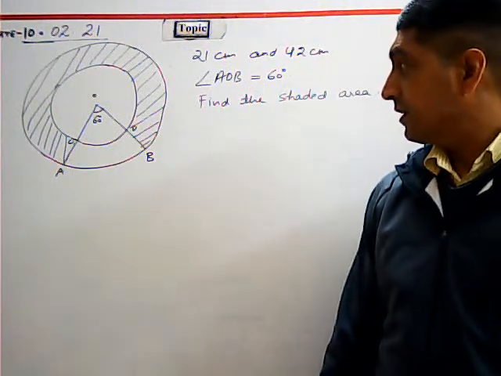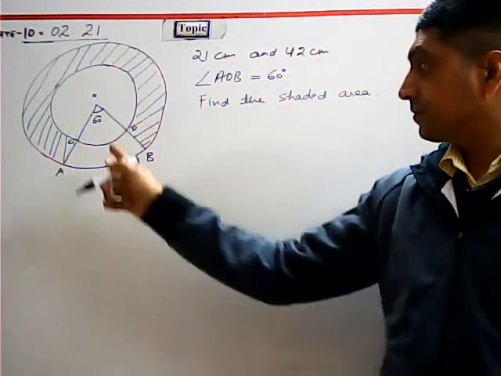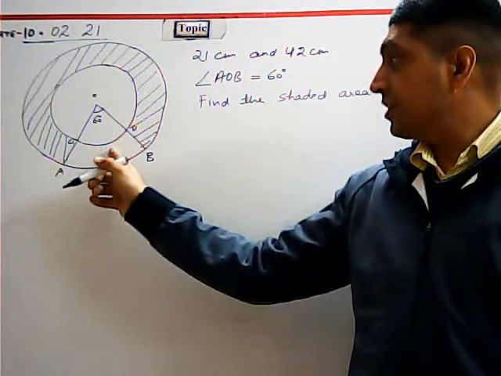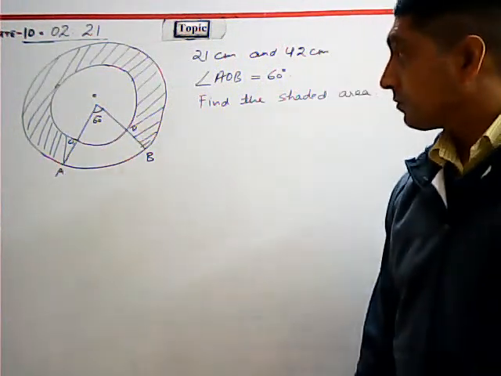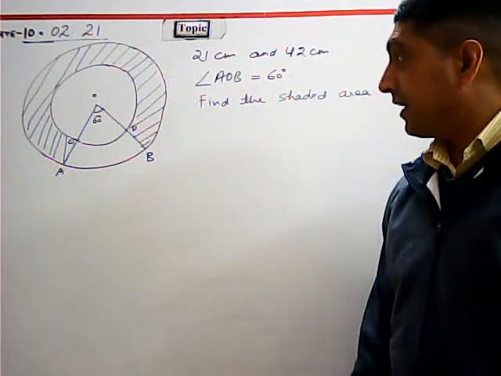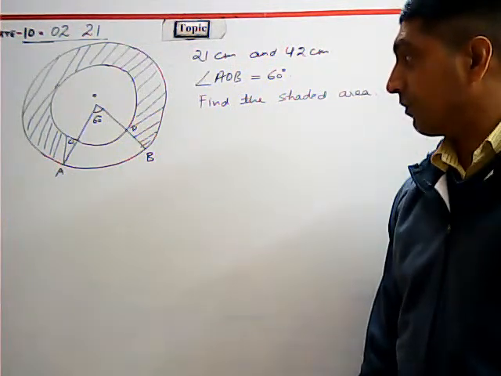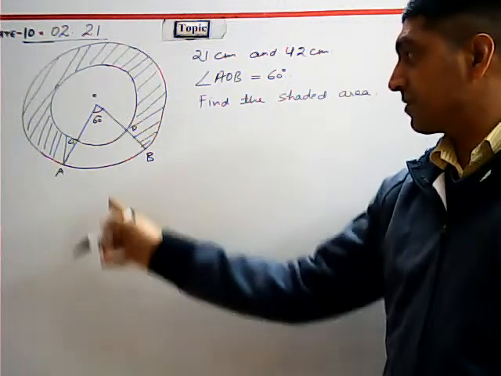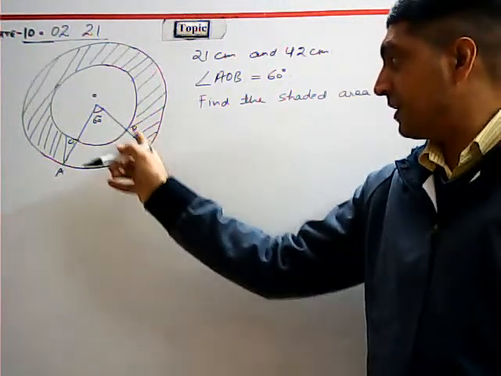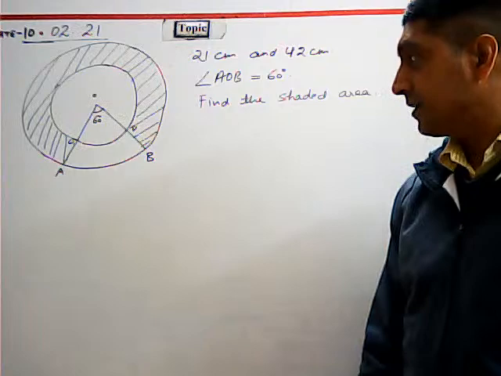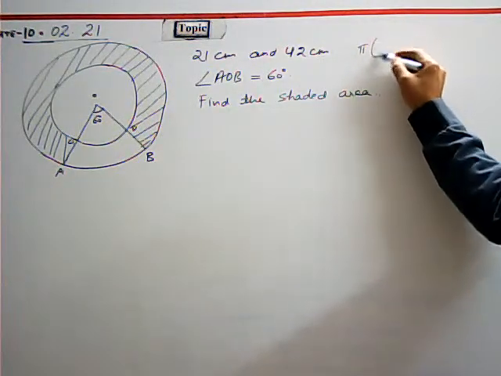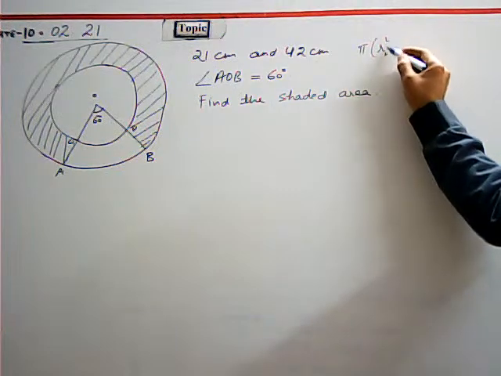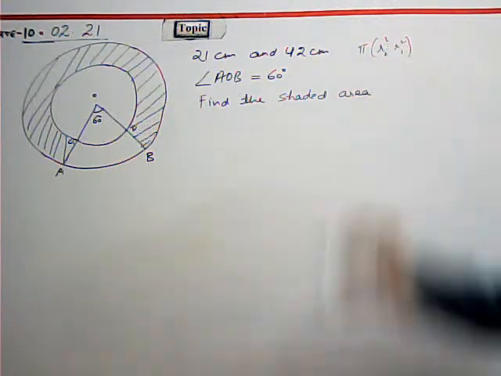So here this shaded area, first what we will do, we will find the area of the ring, and out of the area of the ring we will subtract the area ABCD, right? Area of ring formula we know, that is pi into r2 whole square minus r1 whole square, right?